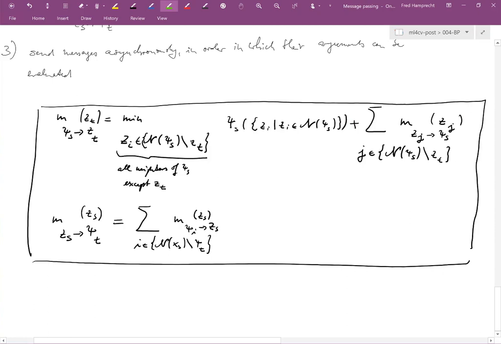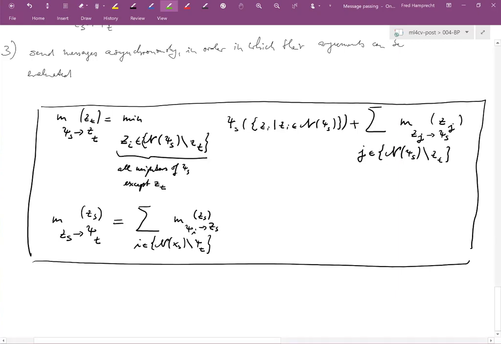We are currently looking at factor S. So we're looking at all the messages that were sent to this factor S, namely from all adjacent random variables G. These are all G's in the neighborhood of my factor S, except the random variable that we're trying to send a message to. So we take input from all adjacent random variables except the one that we're sending a message to.